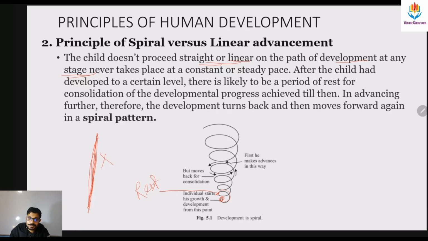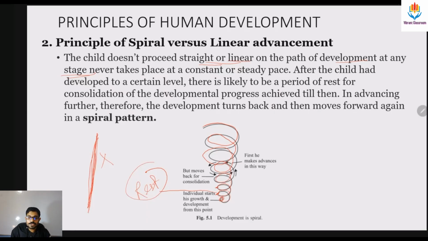Again, after that, the individual bounces back and moves towards another developmental process. Similarly, again there is a consolidation stage, and the individual takes some rest. Due to that, we find a spiral process occurring. Due to that, we consider development a spiral process.